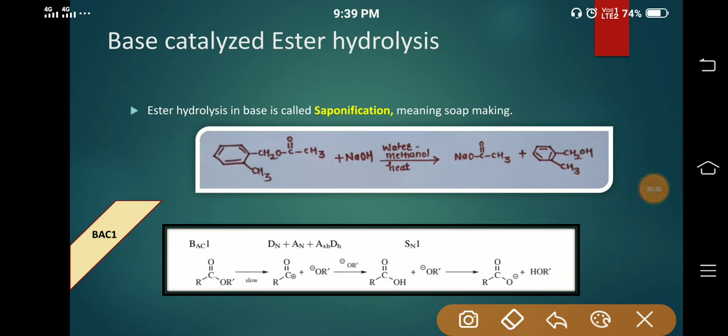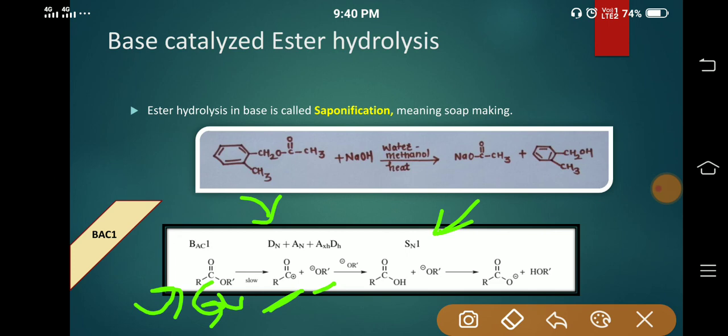In this reaction, the first step is dissociation of nucleophile, that is, as it is a BAC1 mechanism, the leaving group is our alkoxide ion. So, first cleavage of this nucleophile, that is the alkoxide ion, a charged leaving group, leads to the generation of a carbocation intermediate, which is the first step of an SN1 reaction.